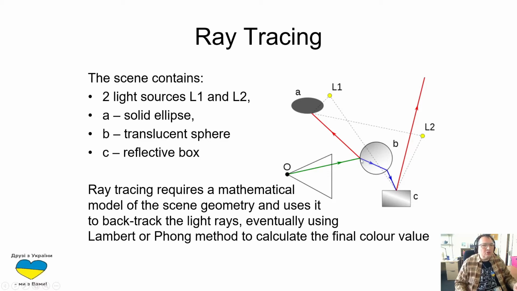will divide into reflected light, which we can follow all the way to the solid ellipse, and for this point on the surface of the ellipse, we will calculate right at this moment the Lambert or Phong based rendering value using these two light sources.